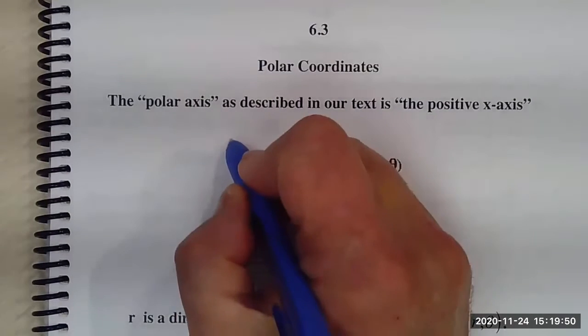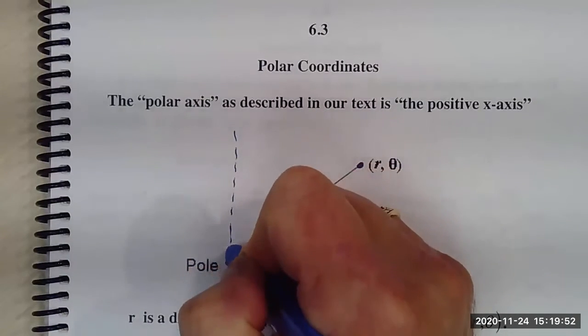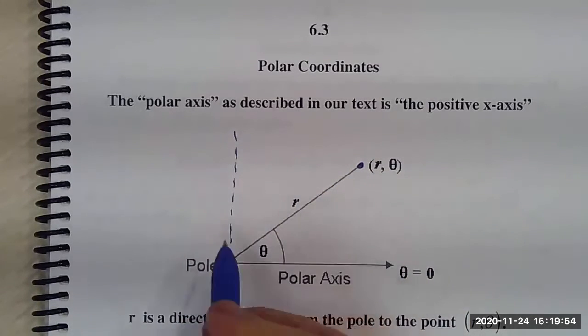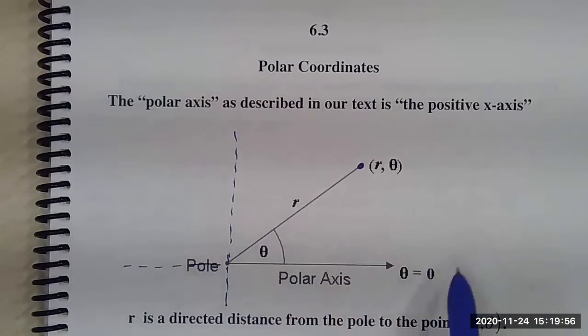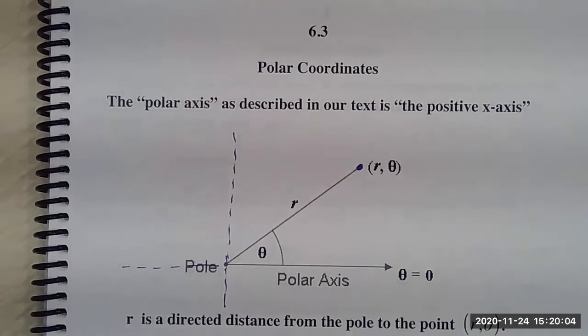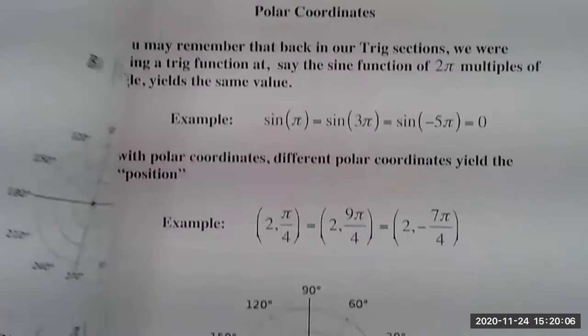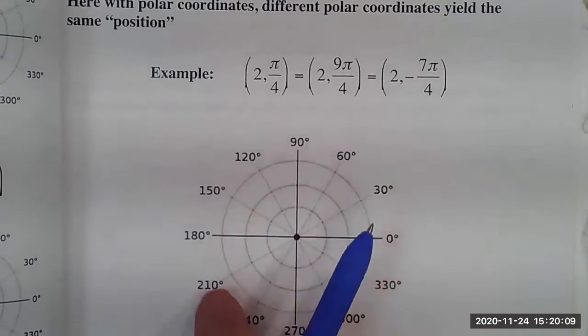Now, if I extended it and made it look like an XY axis, wouldn't this be in quadrant 1? This is quadrant 1, 2, 3, 4.